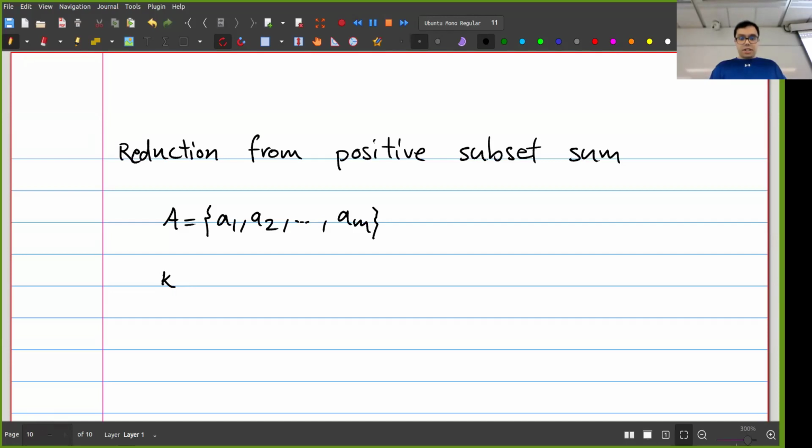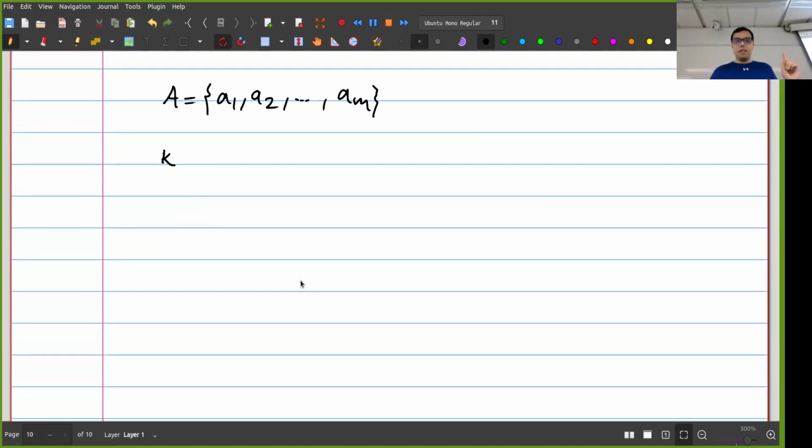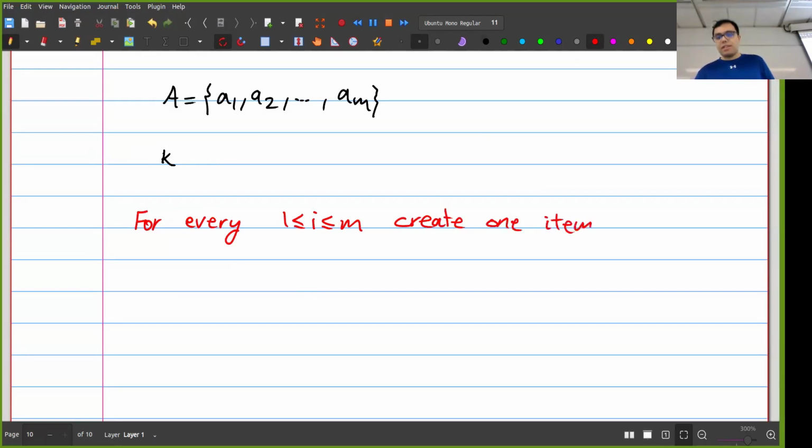Now, here's my reduction. For each one of the numbers in my subset sum problem, I create one item in my knapsack problem. So for every i from 1 to M, create one item. Let's call this item i. And I'm going to give it the same value and weight.